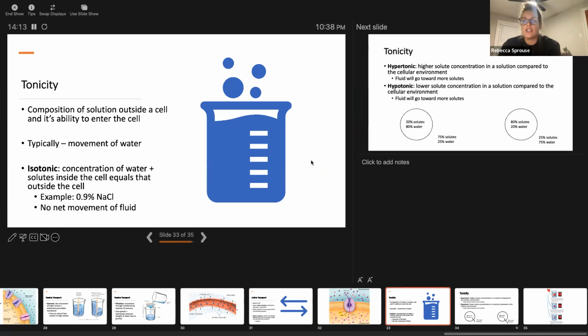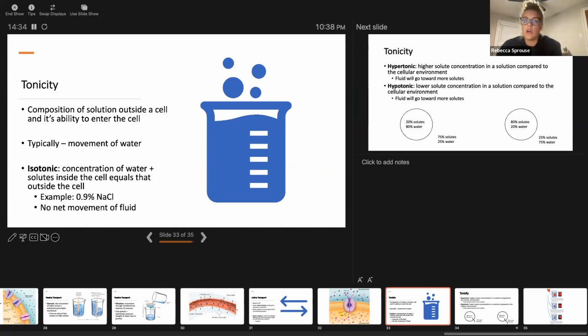Now, when we talk about descriptive words for these solutions and how many solutes they have, we talk about tonicity. Tonicity is basically just the composition of that solution. We typically talk about movement of water when we talk about tonicity because we are describing the solute concentration, and water is going to follow solutes.